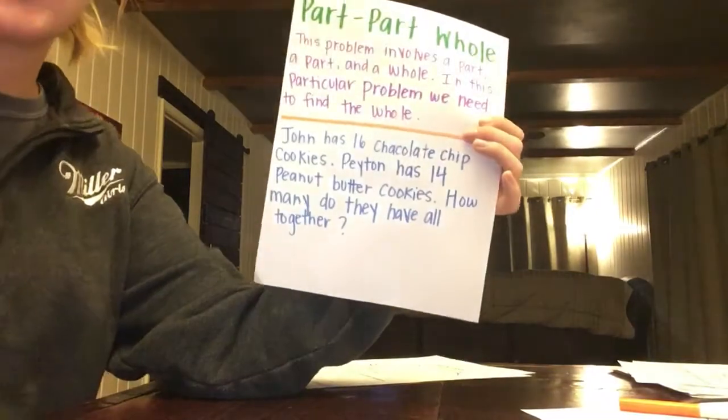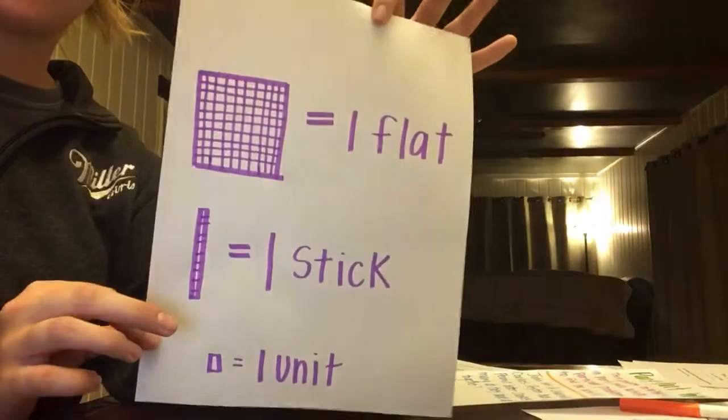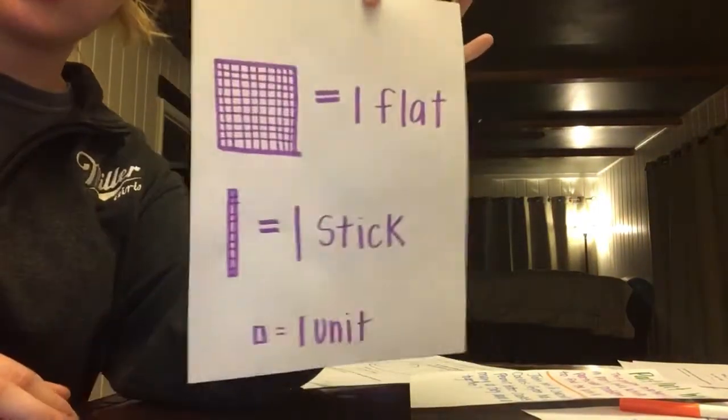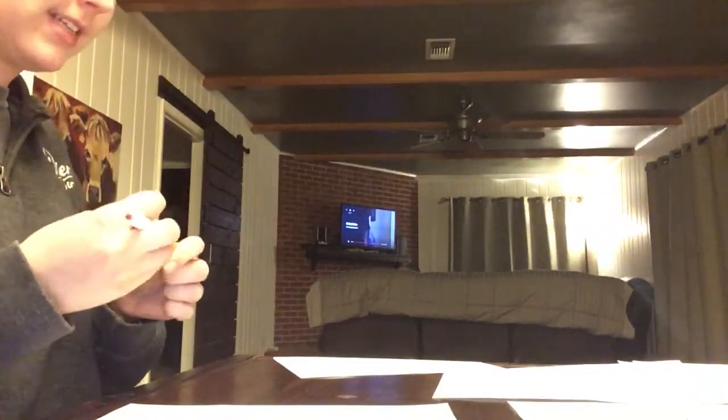So what we're trying to find is how many cookies do John and Peyton have in all, or what the whole is. So I'm also going to be using base 10 blocks for this problem to represent. So I just wanted to show this to you one more time. I'm going to be using my set model. So what we have is part A, which is John has 16 cookies.